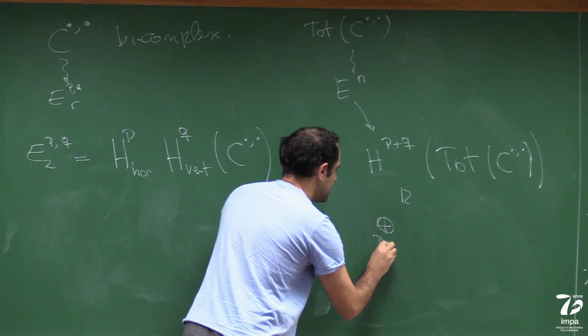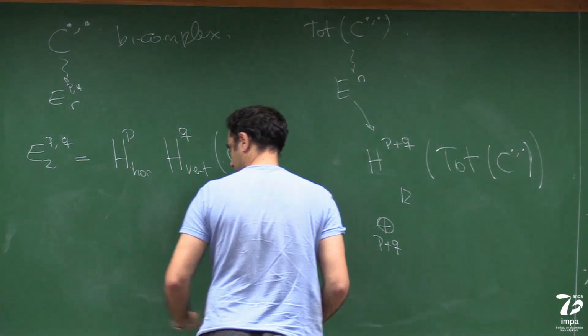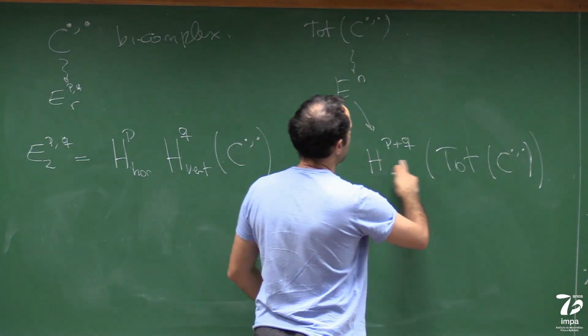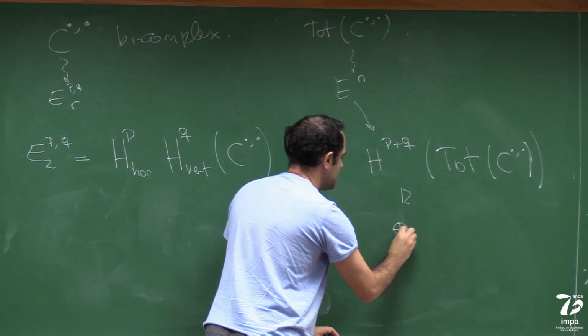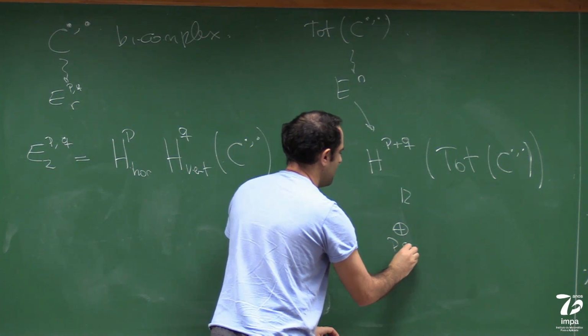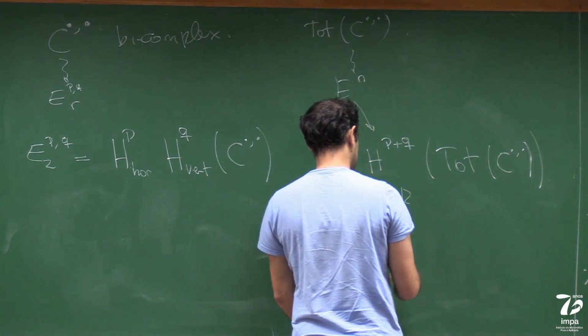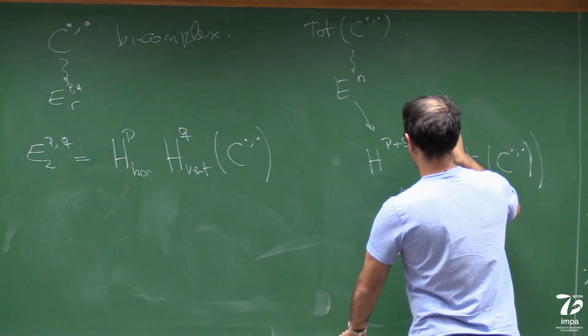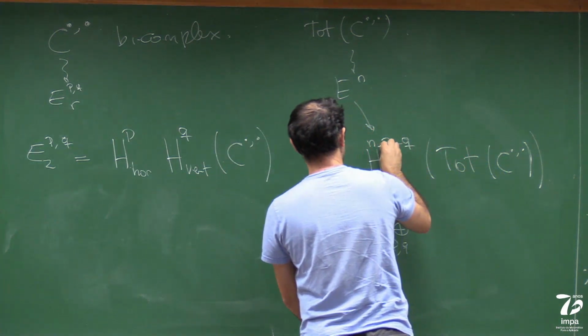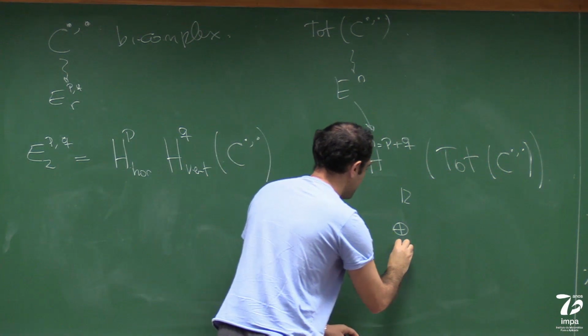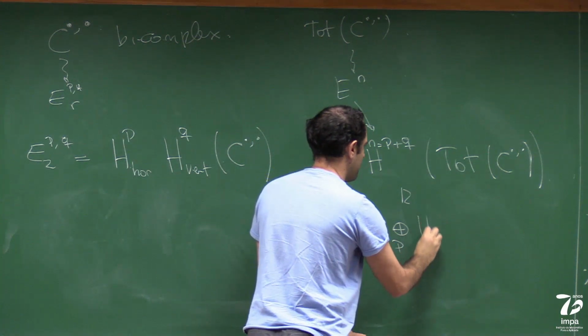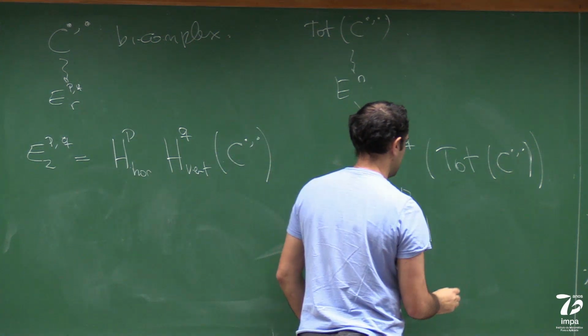But the P plus Q homology of this thing is the sum over P and Q of, let's say if I call this N is equal to that, then this is the sum over P of H.